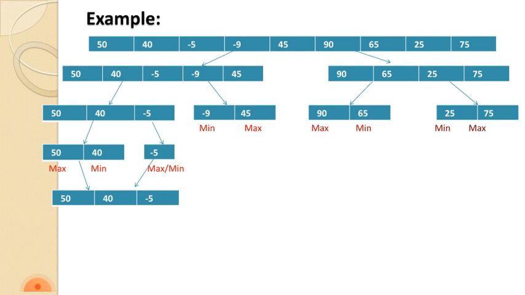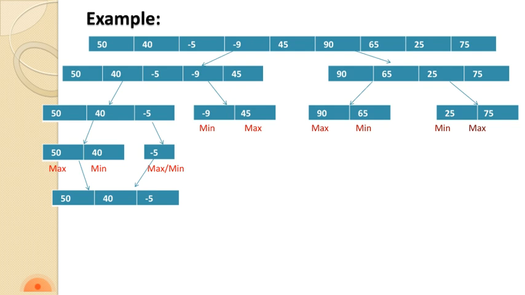Likewise, we have to merge the part minus 9, 45 with the sub part 50, 40, minus 5. As we discussed, the maximum value must be compared with the maximum and the minimum value with the minimum. So when we merge both the parts, we compare the maximum value, that is 50, with the maximum value 45.